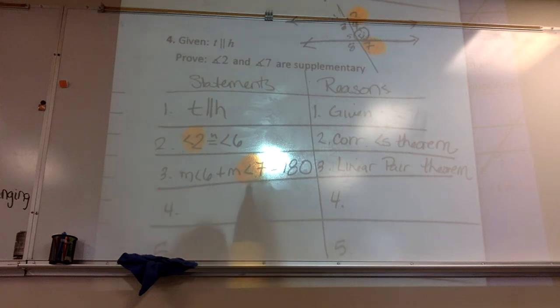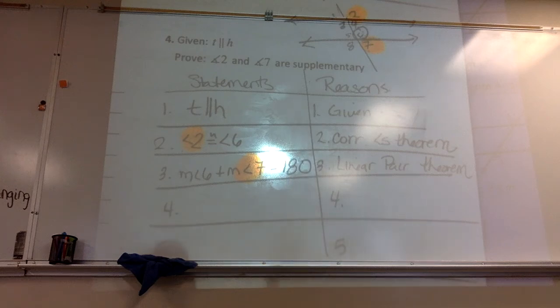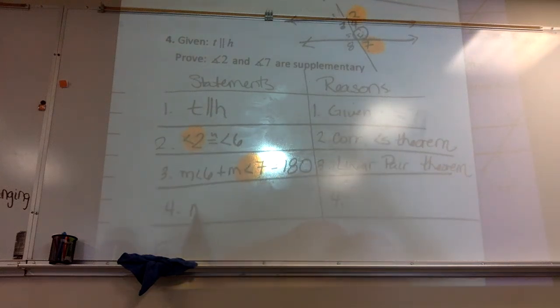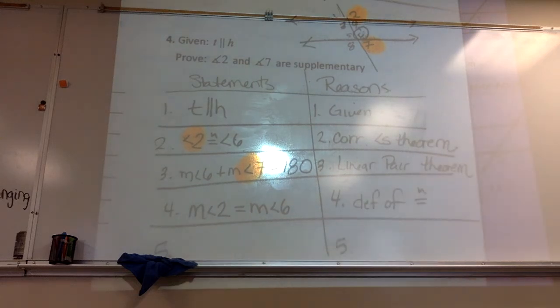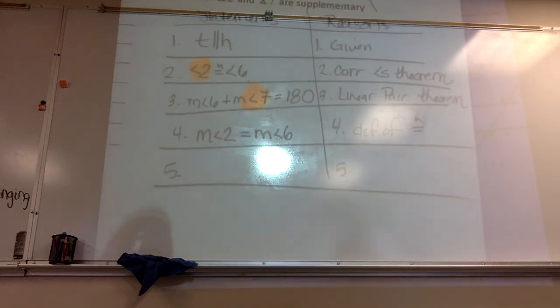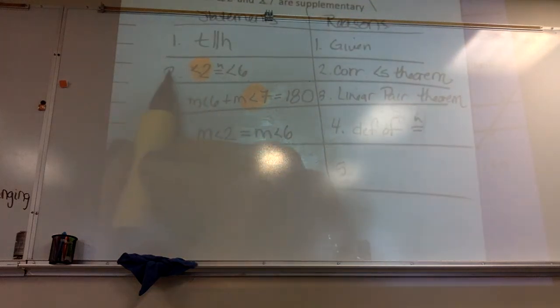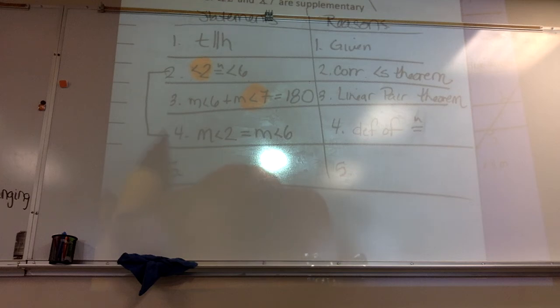Do I have a discrepancy with congruency and equality? Yeah. Good. So I'm going to change from congruency to equality because of that issue. I am taking step 2, which is a congruent piece, and I'm changing it to equality.